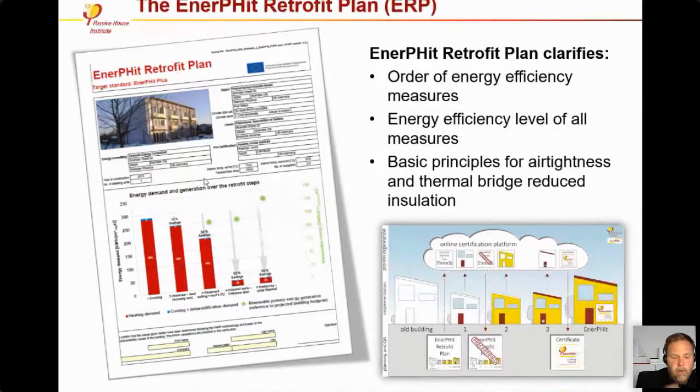The building stock in Europe wastes so much energy and emits so much CO2, so we need to work on that, even if we do it step by step. Therefore, this tool helps you talk to your building owner or investor and show them how you can improve the situation. Additionally, there is the online certification platform where you can document all these steps. This is also available via PHPP or the certification.